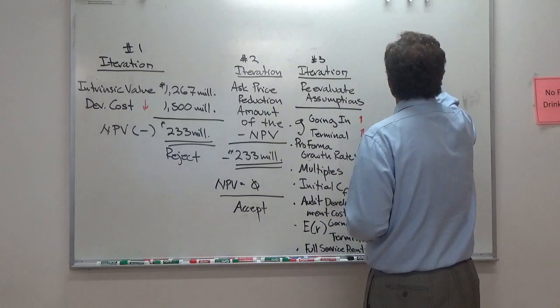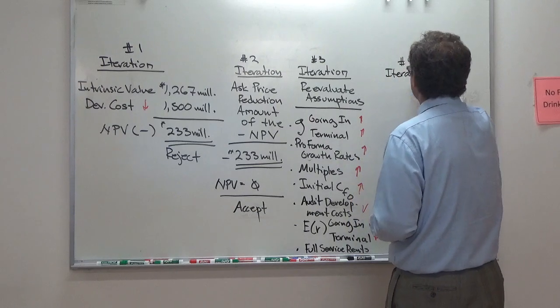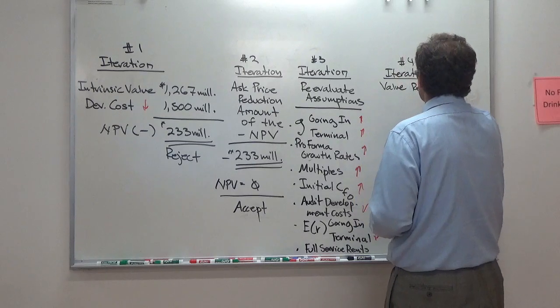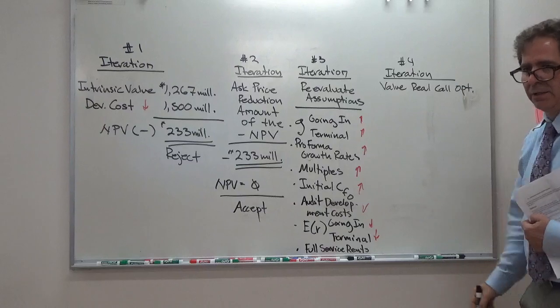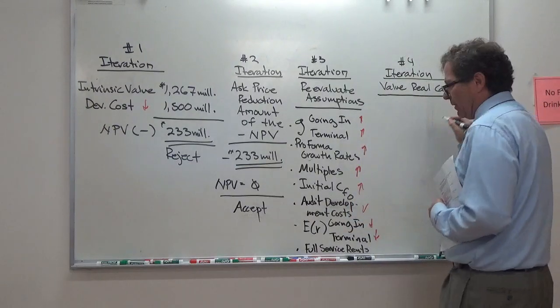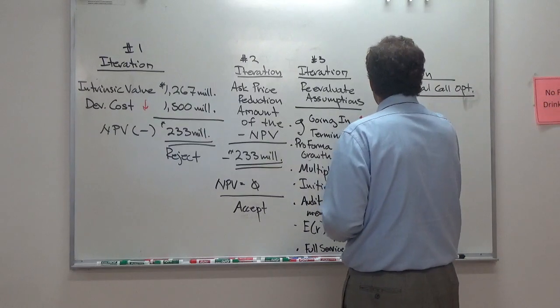What we can do is value the real call option. Okay. And do we know what methodologies we would use to calculate the value of the real call option? Black-Scholes.